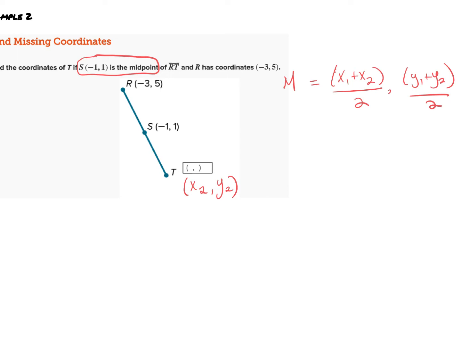So to solve this algebraically, I'm actually going to split the formula up, because of course there's an x and a y. So the m obviously is the midpoint. So the midpoint for x and the midpoint value for y.